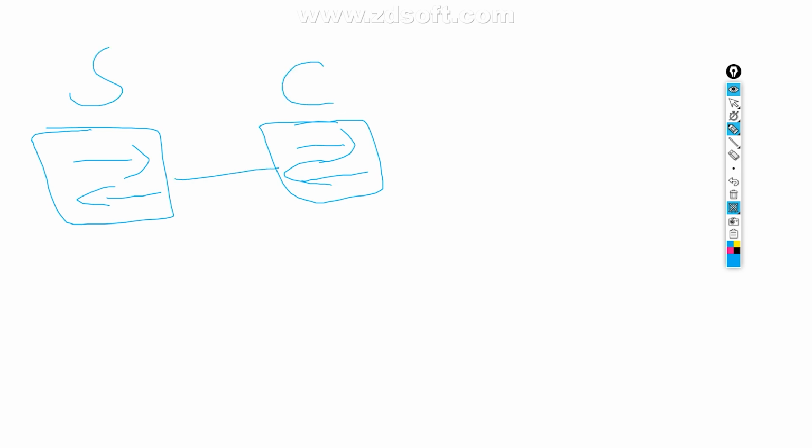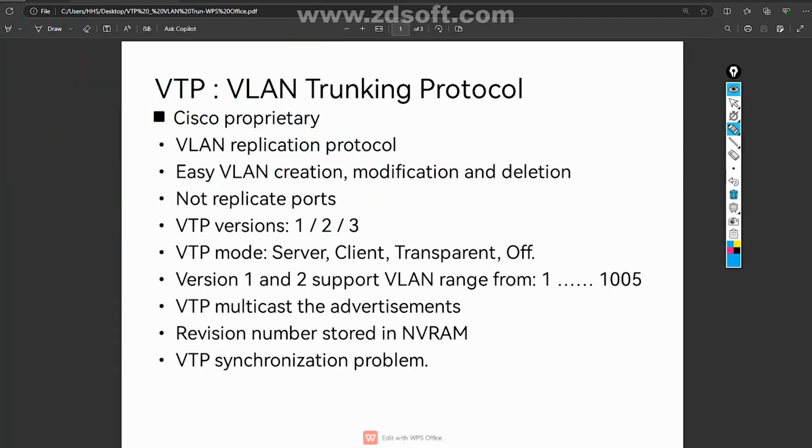Whenever the server sends an update about VLAN 10 to the client, if VLAN 10 is assigned to certain ports on the server, like interface Ethernet 0/0, it will not replicate those ports to the client. It will just replicate the VLAN to the client. So this is the meaning of replicating the VLAN. VTP has 3 versions.